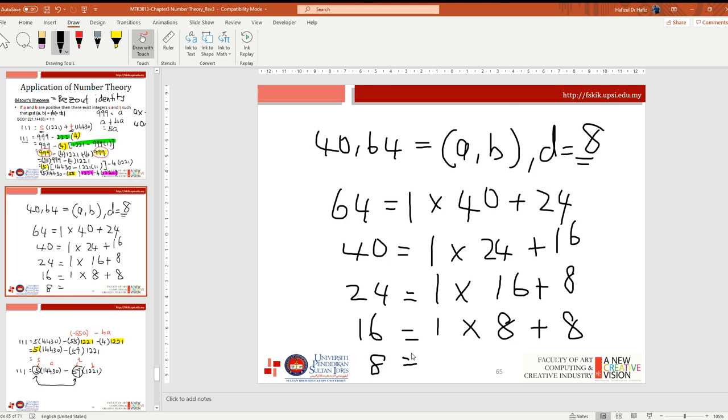Satu kali 16 tambah 8. 2 kali 8. Okay, betul. 2 kali 8. Setelah 2 kali 8 tadi, silap saya. Pening dah. 2 kali 8 tambah kosong lah.